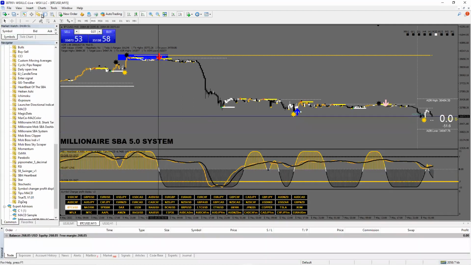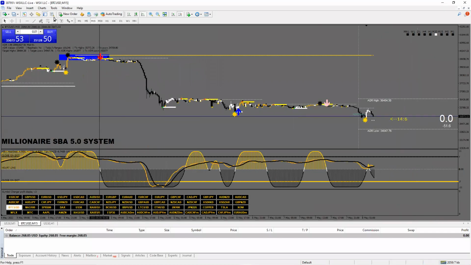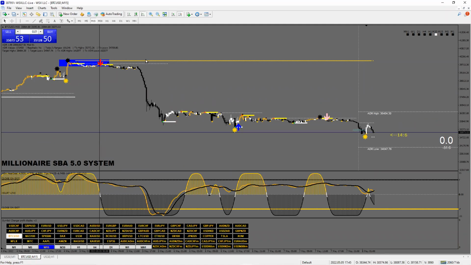I have a question. All those squares at the top right are showing us stronger sales than buys, so we would be looking for sales and not buys, even though we got the fractal there, the star? The star is telling you that price is about to change.